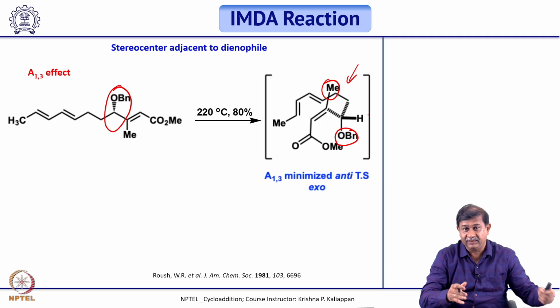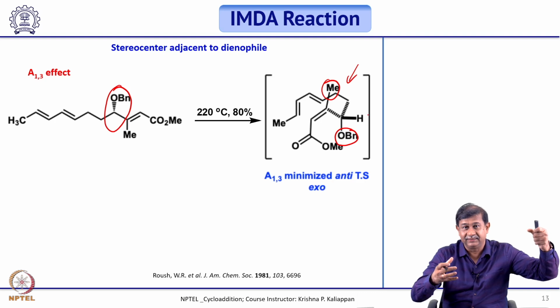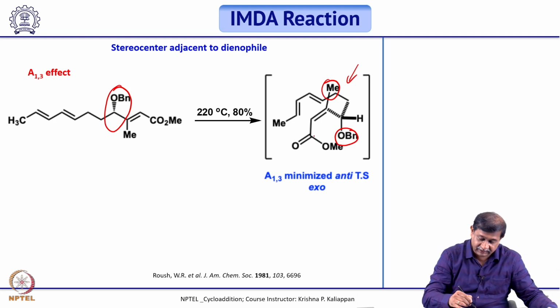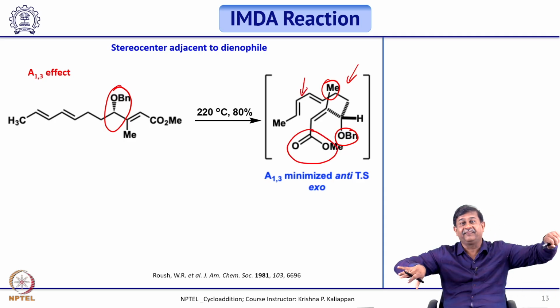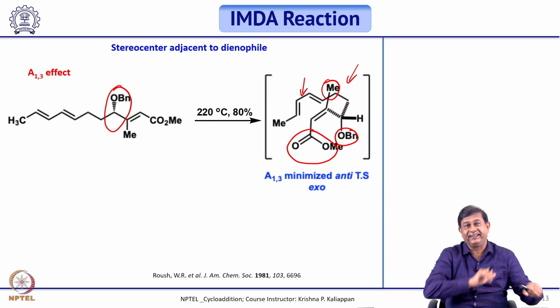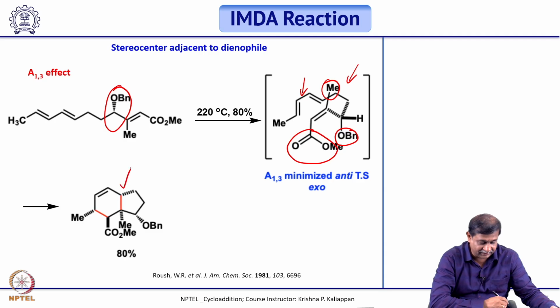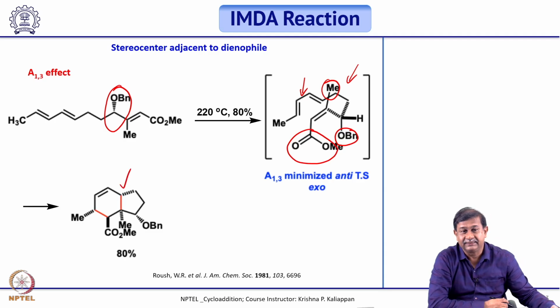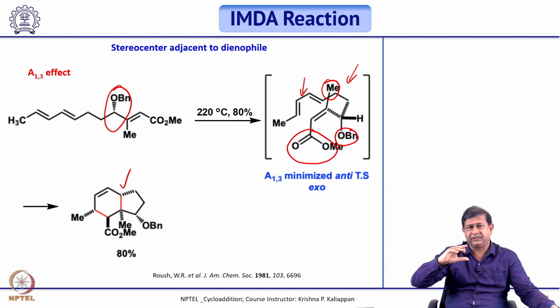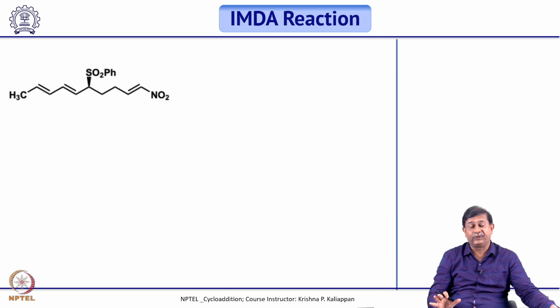So, this is the only way you can keep the methyl and the O-benzyl group opposite to each other. In this conformation, if you look at this particular ester with respect to the diene, they are away. That means it is not under the diene or above the diene. So, that means it will lead to the exo product. So, again you can see here it gives the trans products.